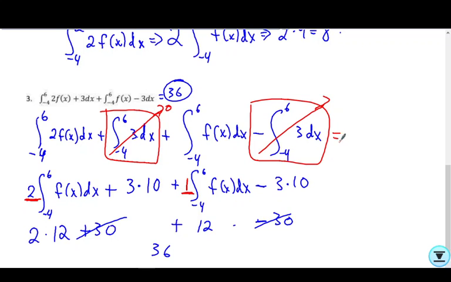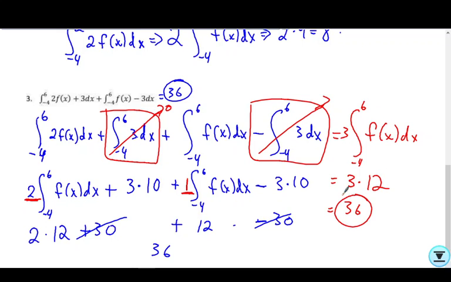So we could have written this as 3 times the integral from negative 4 to 6 of f of x dx, which would have just been 3 times 12, which is 36. So if you know your integral rules really well, and algebra still applies, because if I have 2 and then I'm adding another 1, I have 3. So don't forget your algebra. It'll make your life easier sometimes.